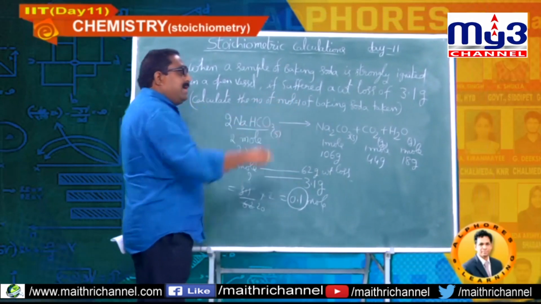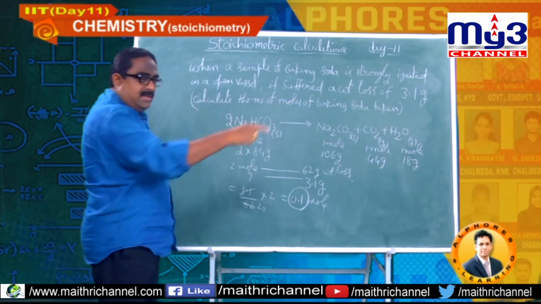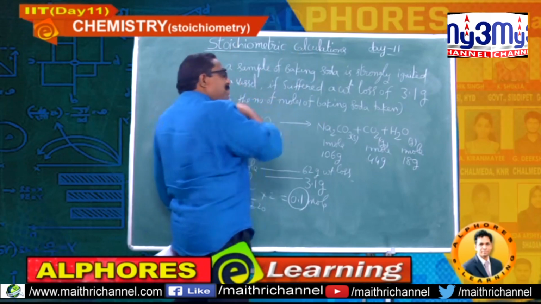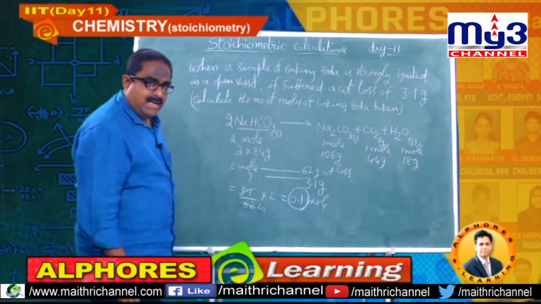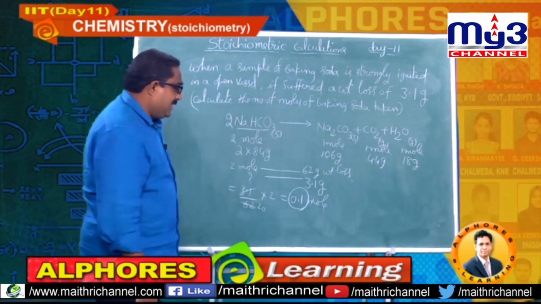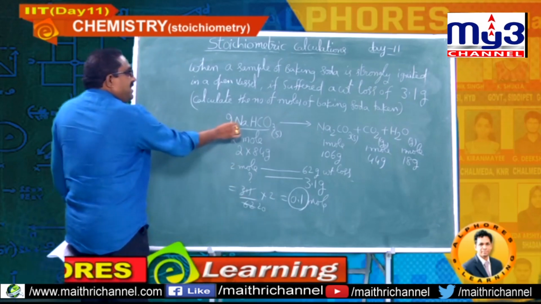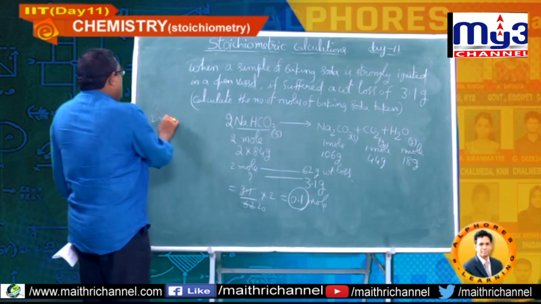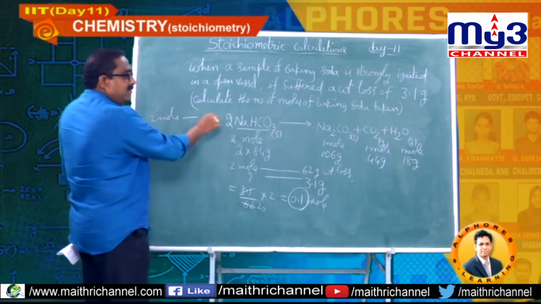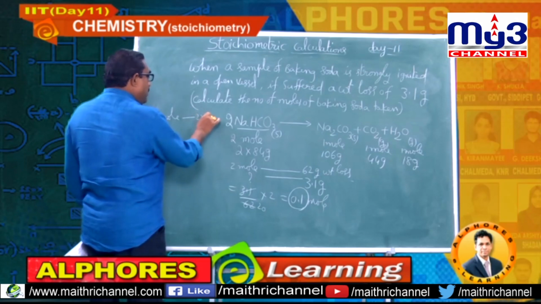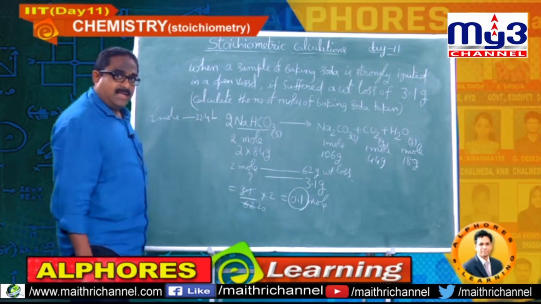During this reaction, what is the volume of carbon dioxide gas obtained at STP? If the question is asked like that, what will you do? See, from this chemical equation, 2 moles of sodium bicarbonate gives 1 mole of carbon dioxide. 1 mole means 22.4 liters at STP, students.